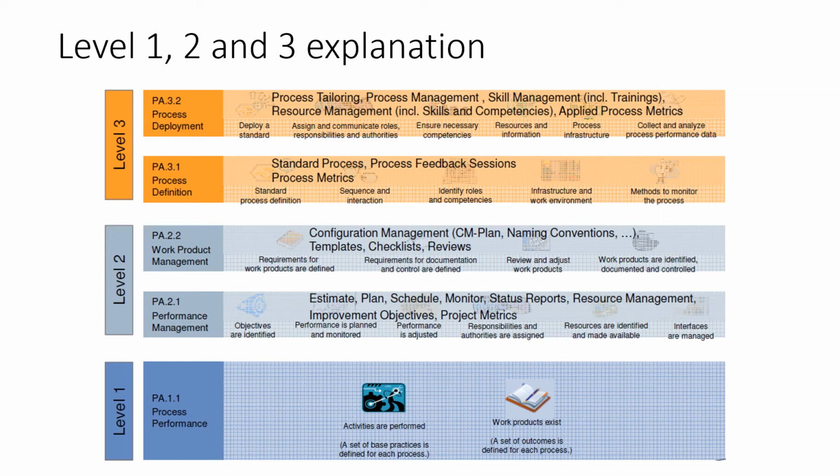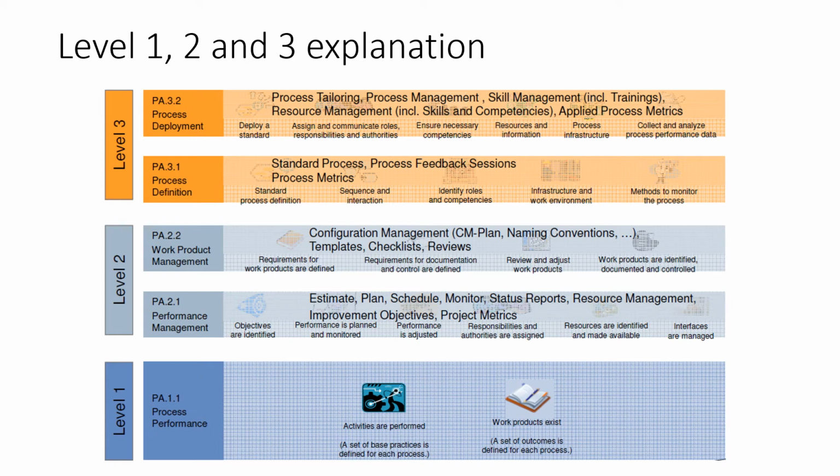Performance management covers estimates, plan, schedule, monitor, status reports, resource management, improvement objectives, and project metrics in place. Level 2 is about the project level. So in the project level, we have work product management, the configuration management plan, naming conventions, templates, checklists, and reviews, all together at the project level.